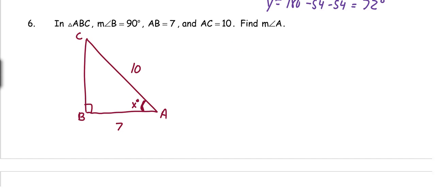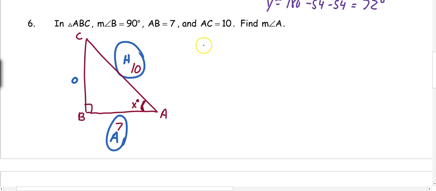Based on how my triangle is drawn, across from the right angle is my hypotenuse, and next to the angle that we're looking for is my adjacent. So I have information on the adjacent and the hypotenuse side. So I need to use cosine again. The cosine of x is equal to my adjacent over my hypotenuse.